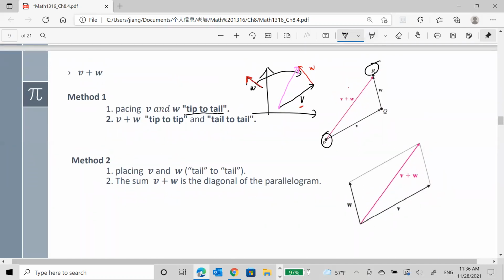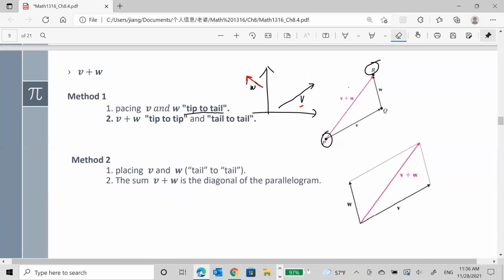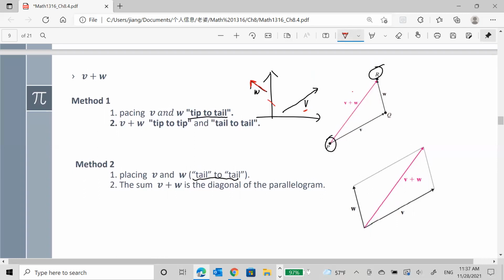So if I erase this W, because they are on the plane randomly, and I need to move W and V together tail to tail, that means the W needs to be placed here, and let the W and V have the tail to tail.